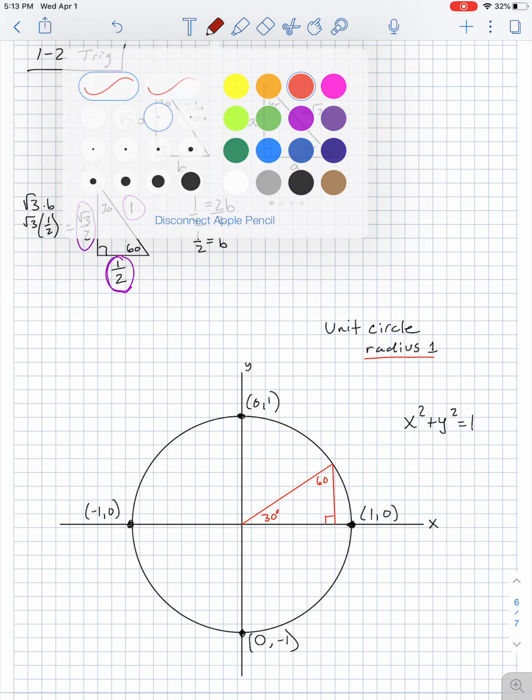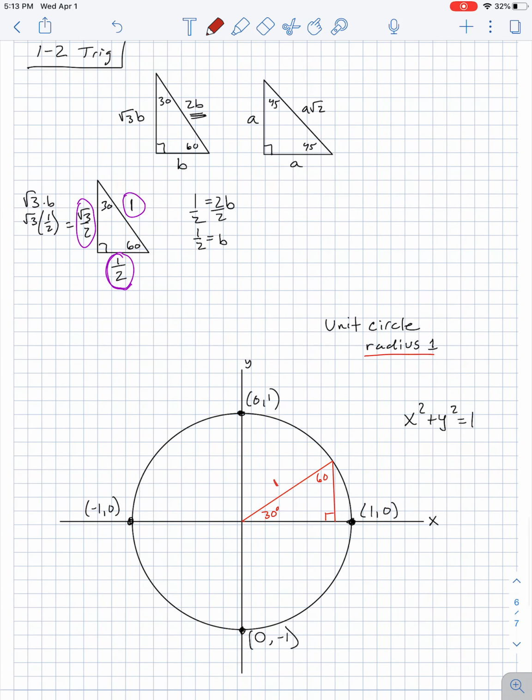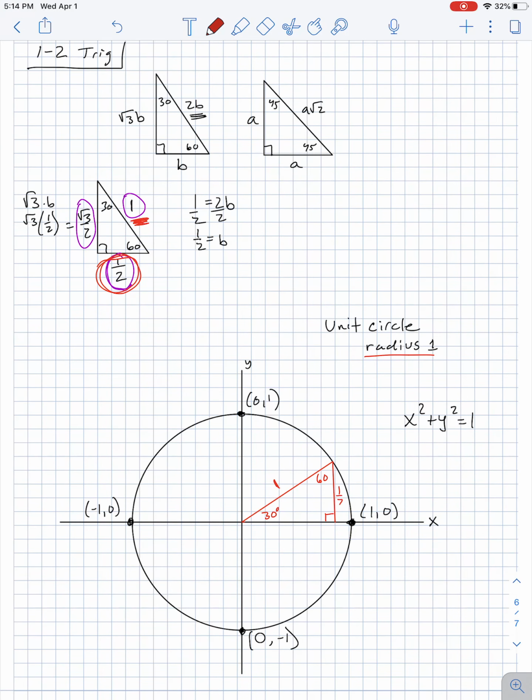So if this is 1, what are the other sides? Well, we just did that algebra problem up here. This triangle had a hypotenuse of 1, which is what our triangle has. It's just laid over on its side. And so that means that the 60-90 side is 1/2, and the 30-90 side is root 3/2.